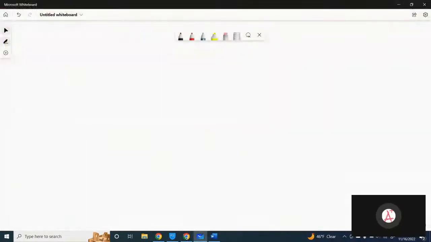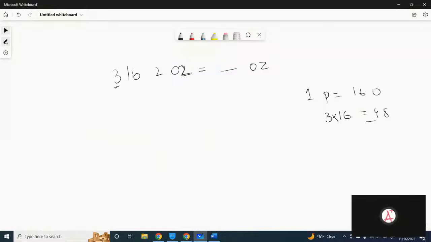You have to convert it to ounces. We know that in 1 pound we have 16 ounces. So 3 pounds means 3 times 16. It would be 48 plus 2, so in total they are 50 ounces. Got it?